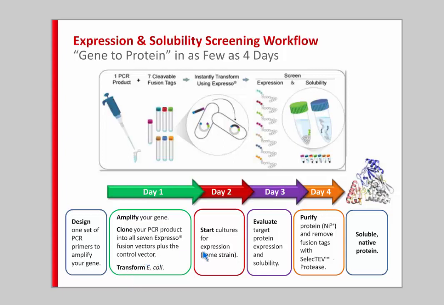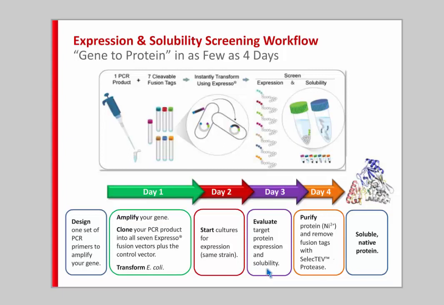On day 2, you can start your cultures for protein expression. And remember, because this is a rhamnose promoter system, the cloning and expression can be done in the same E. coli host strain. So then the following day, you're already evaluating protein expression and solubility and see if any of these tags worked for you and for your target.